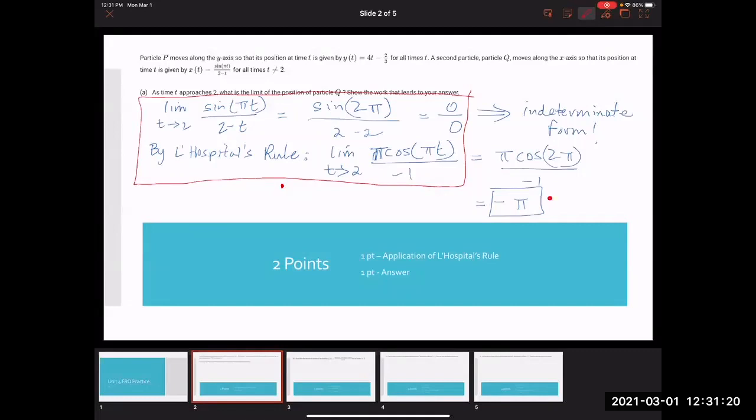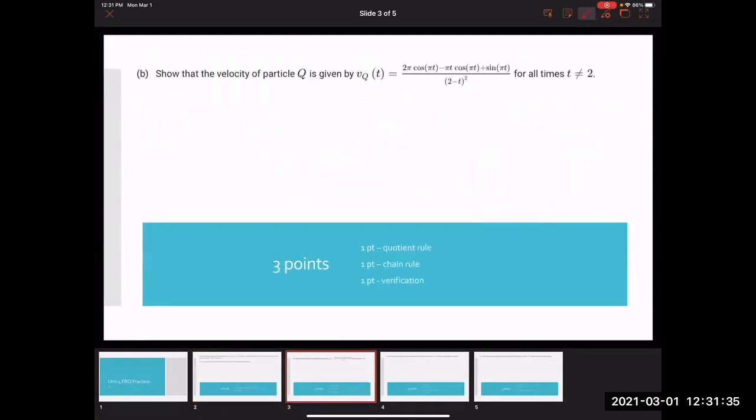So we're going to take the function represented for particle q, which is x of t equals sine pi t over 2 minus t, and we're going to find the derivative of it. Hopefully, if we find the derivative correctly, it's going to give us exactly what it says we should get, and it should look exactly like that. All right, so you're going to get 3 points for this question.